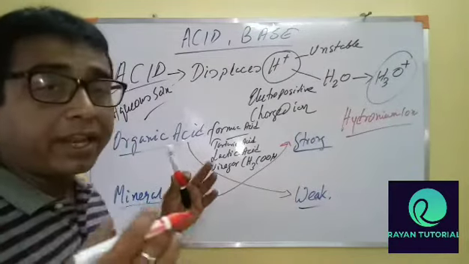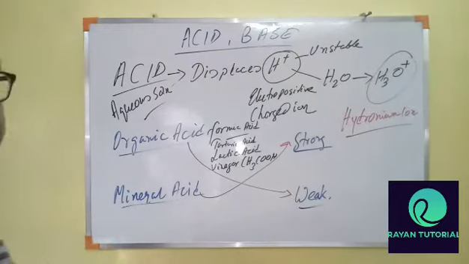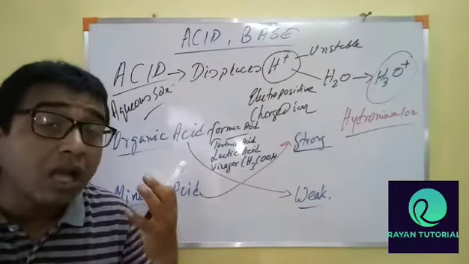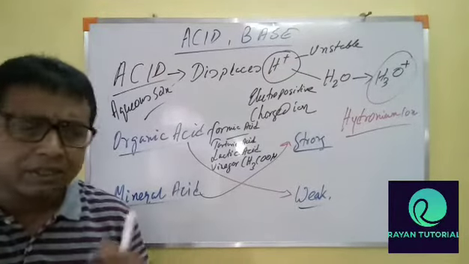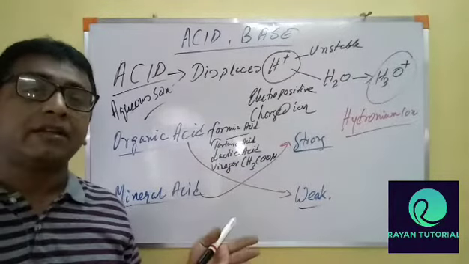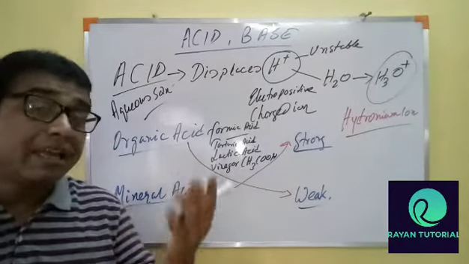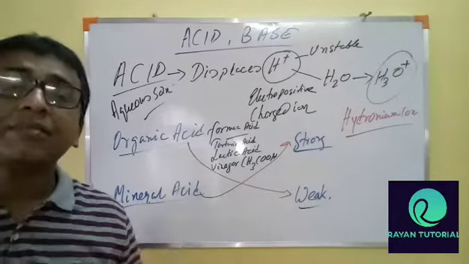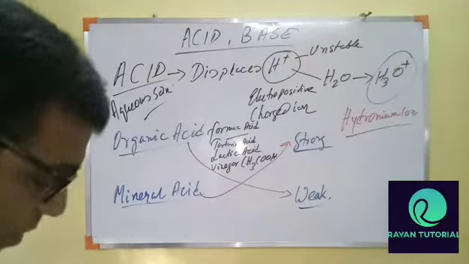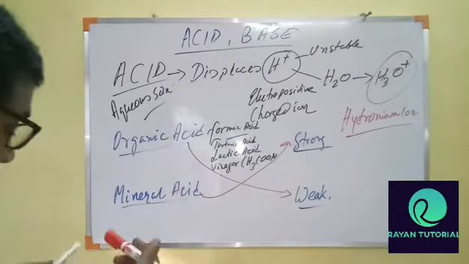Now what is weak and what is strong? Wait, I will discuss. Mineral acids we get from the earth, from the minerals, like iron, zinc, magnesium, chlorine.